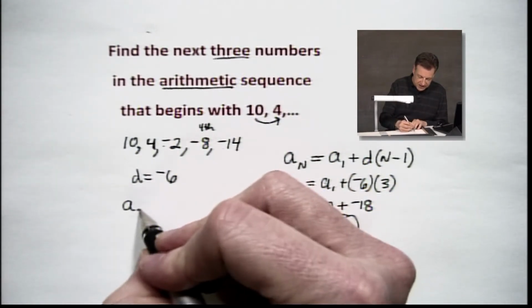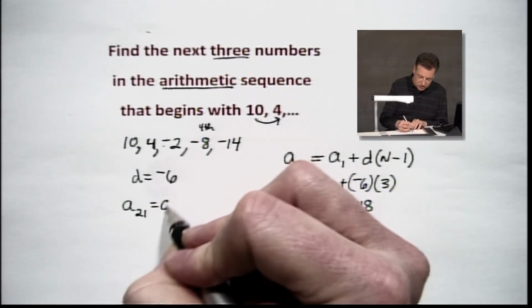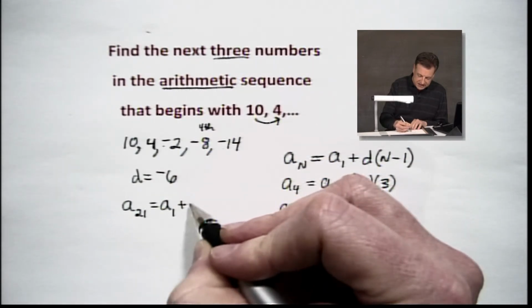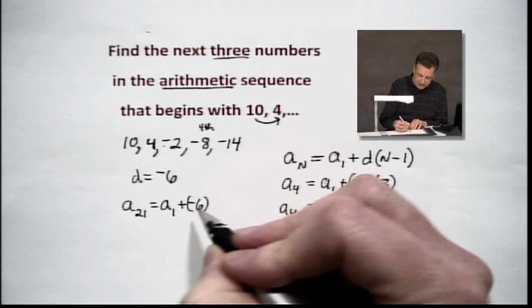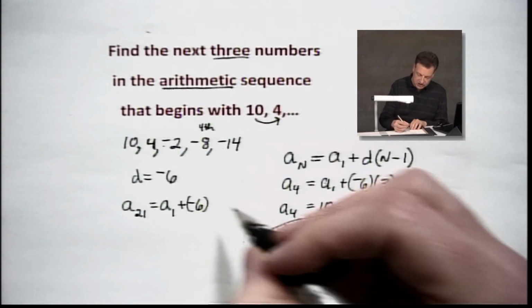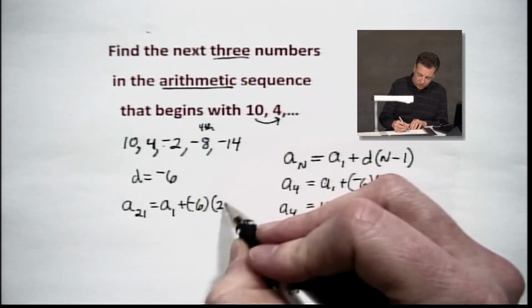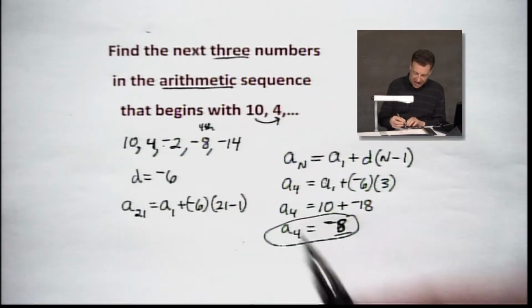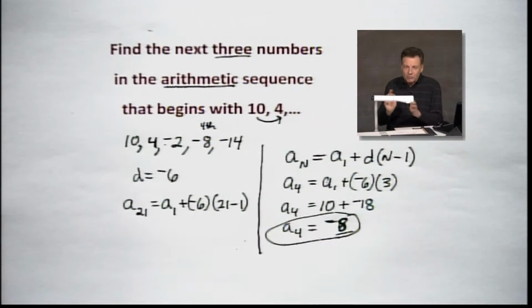So let's look for the 21st term, which means we're going to take the first term, and we're going to add that times negative 6. That -6 business is still around. That hasn't changed. And this time we're going to put 21 minus 1. Now some people ask me, why do you do that? Why do they make that n minus 1?